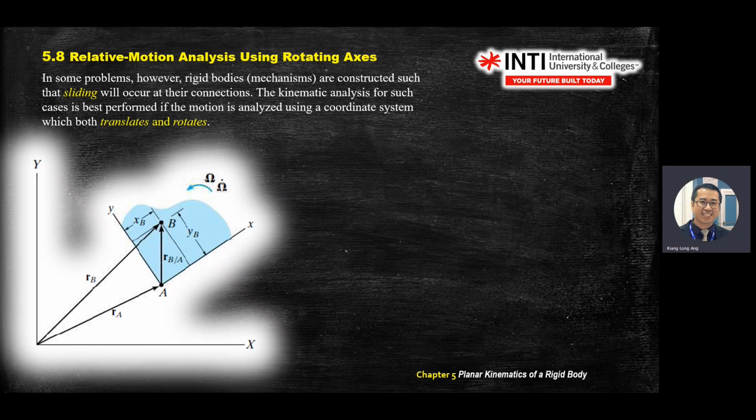Now, this is big X, big Y, fixed from the observer. Every rigid body has two points that always stay the same. So the reference from the fixed station to a rotating axis is A, and then point B. You have RA, and RB stroke A, a vector pointing this way, and then a length of YB and XB.